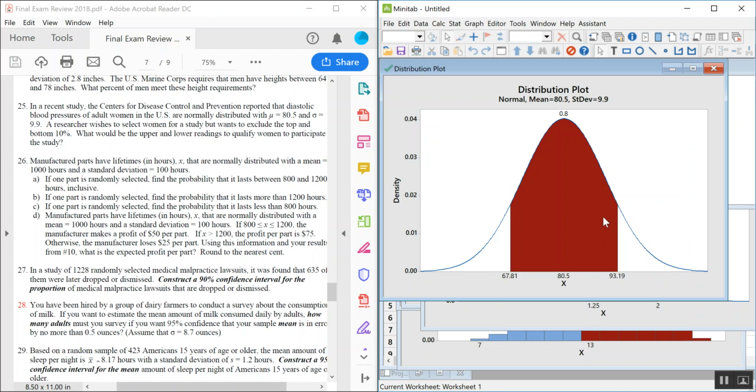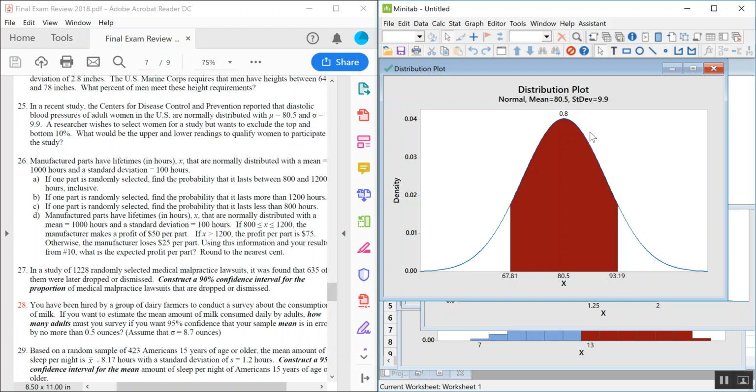Now it's the middle 80% because 10% in this tail, 10% in this tail, so 10% in the lower, 10% in the upper, and that gives you the cutoff values. So 67.81 to 93.19.